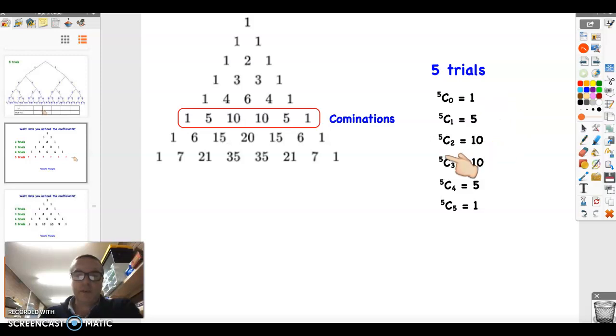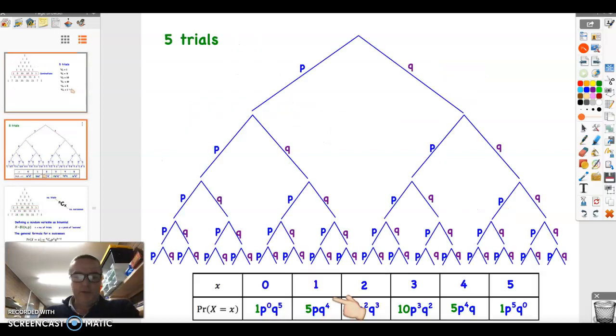And so we can see here, when we have 5 trials and 3 successes, we can use combinations to get each of those coefficients. So going back to our distribution table, we can see the results of the discrete distribution for 5 trials. And there you can see our coefficients and the quantities P and Q used in each calculation.